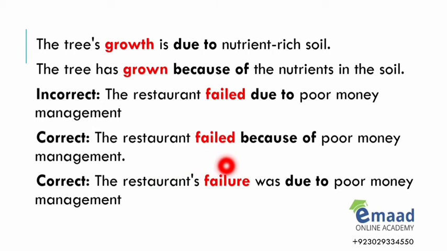The restaurant's failure was due to poor money management. So due to is used here to modify this abstract noun, failure. I hope you have got a lot of information about due to and because of. So due to modifies a noun and because of modifies a verb, an action.